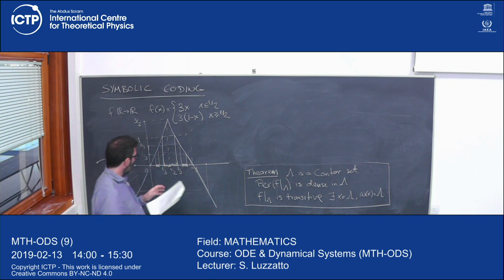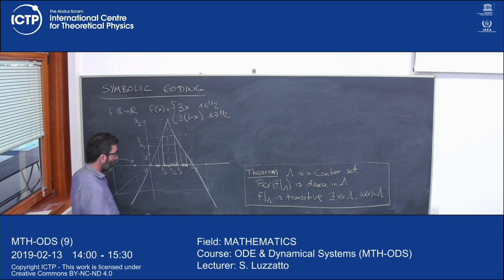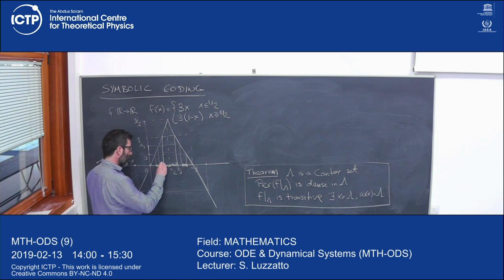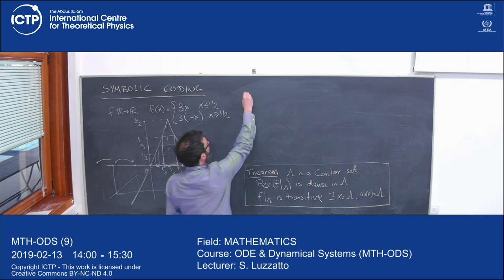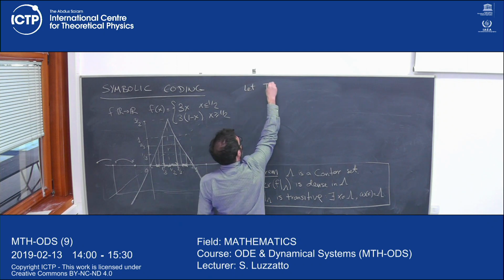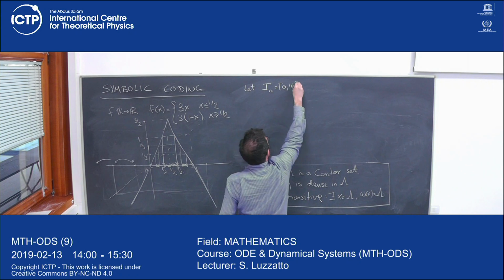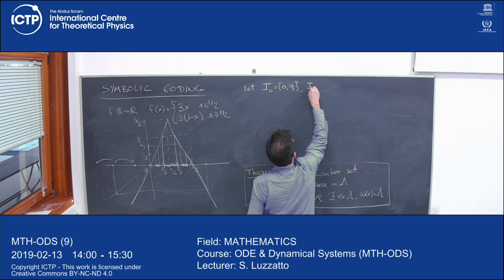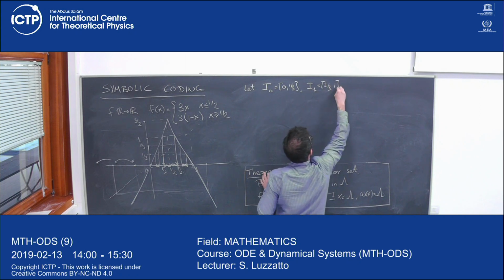Okay, the first observation is this. Let me give some names here. So here we have these two intervals. Write I0 equal to the interval [0, 1/3], and I1 equal to the interval [2/3, 1].